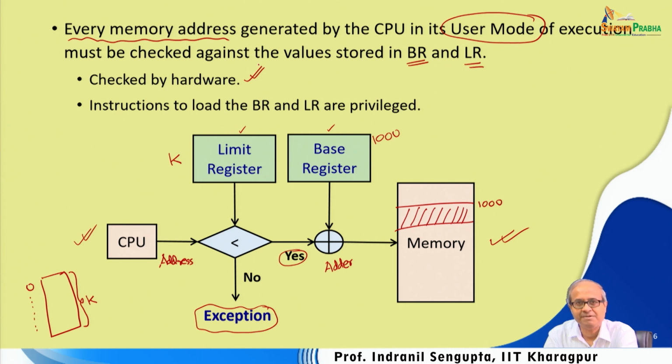As I said, if you load arbitrary values in the BR and LR, you can access anywhere in main memory. Users should not be allowed to do that, right. So, instructions to load these registers are privileged instructions; only the operating system can do it.